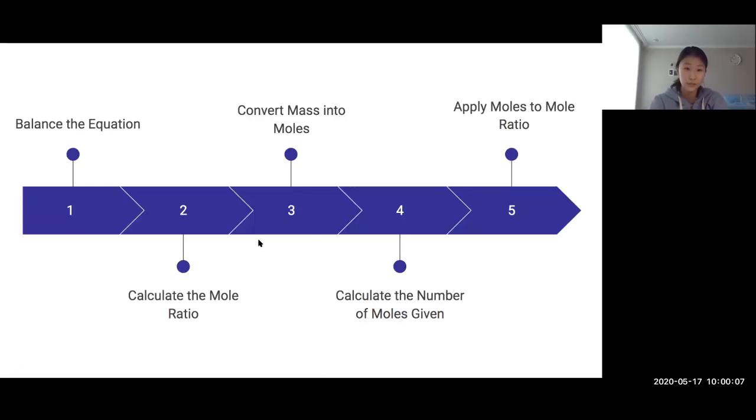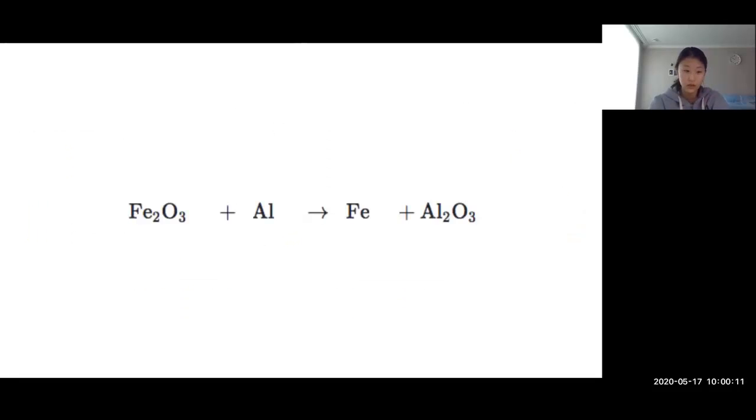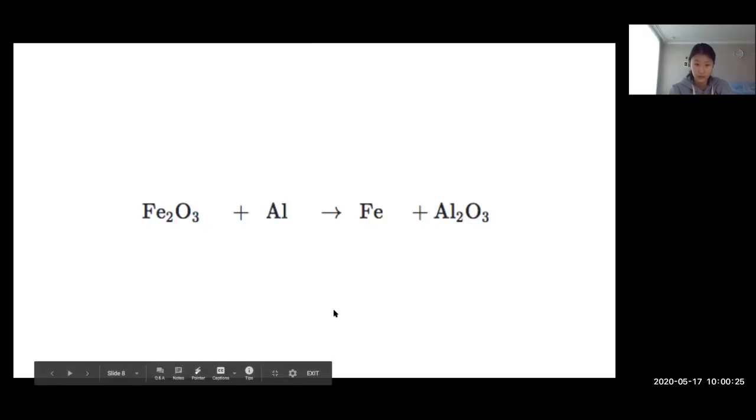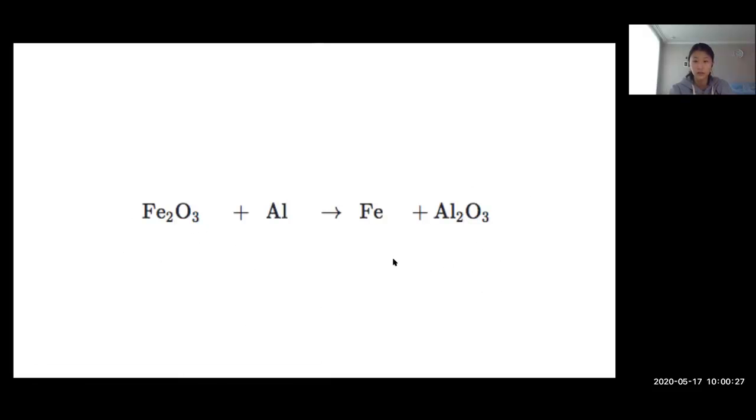The first step of stoichiometry is to balance the equation. Usually questions will already come balanced, but sometimes we do need to balance the equation. For a reaction to be balanced, the number of each atom on the reactant side and on the product side must be equal.